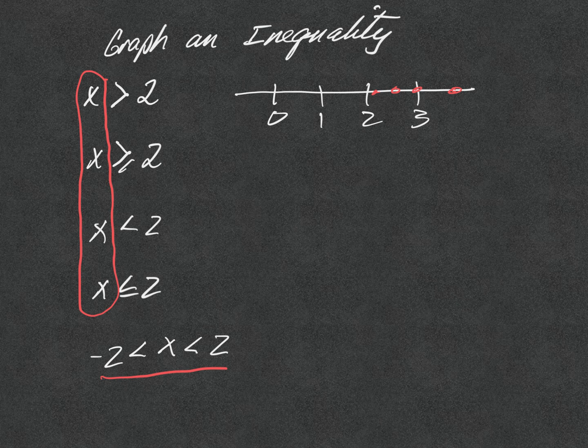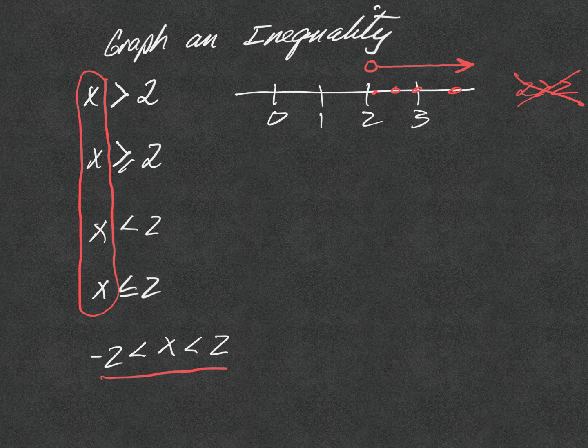I just put it up above the number line, and typically we put a circle for where we start, and then the direction that indicates greater than, we put a line and an arrow, and then we have to determine whether we fill in the circle or not. So the question really is, is 2 greater than 2? And the answer to that is no, so we leave it an open circle.